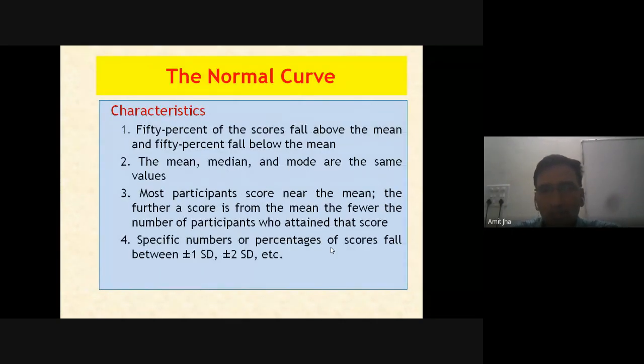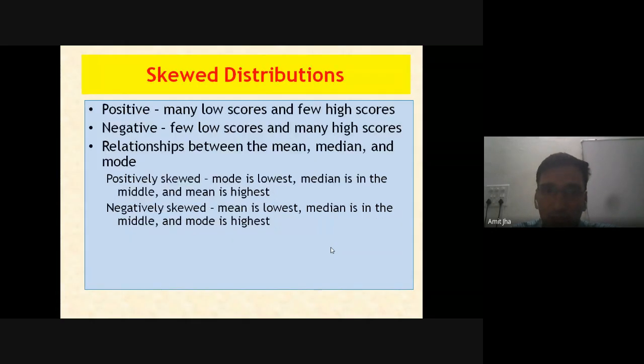Here, the point is that as the distribution is symmetrical, half of the data fall below the mean and half of the data above the mean. And in the case of a normal curve, the mean, median, and mode are the same.